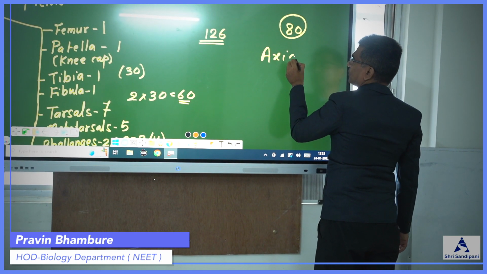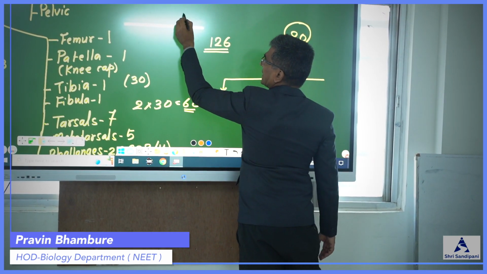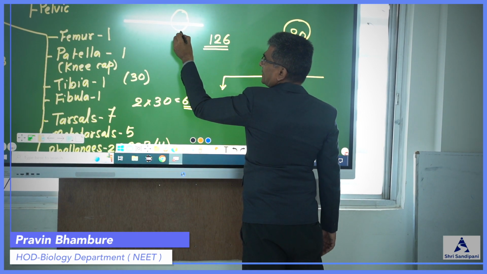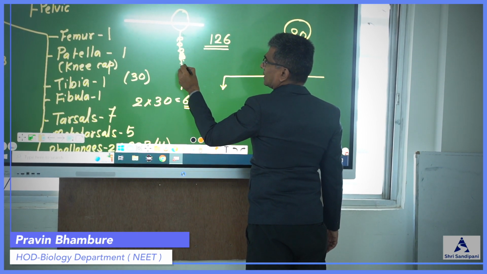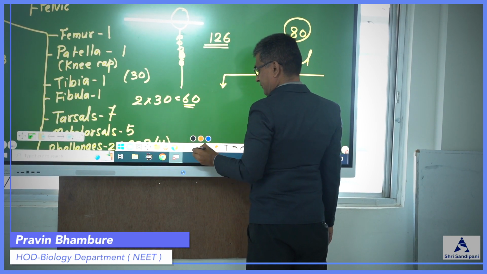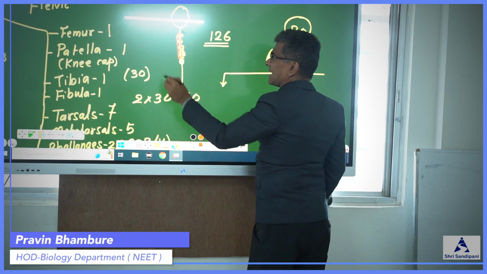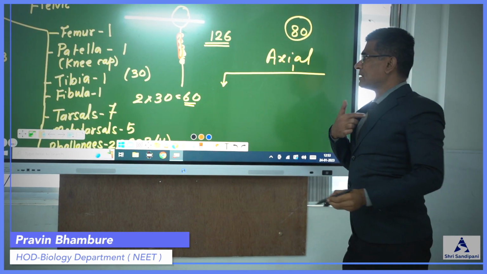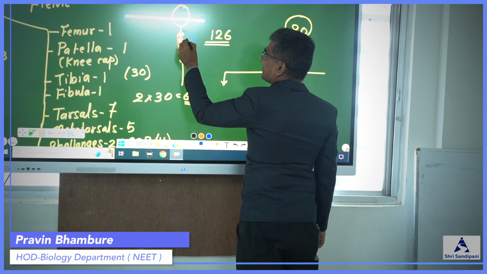First the body axis: skull, then the vertebral column on the dorsal side, then in front, near our chest, there is a flat bone called the sternum, and there will be attachment of ribs.